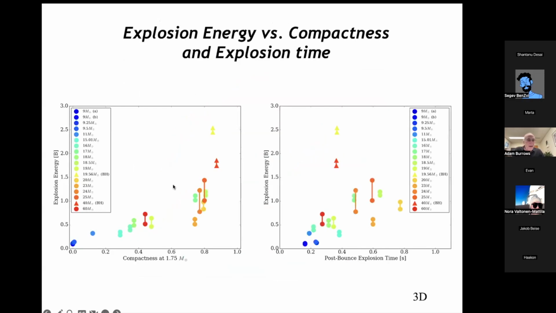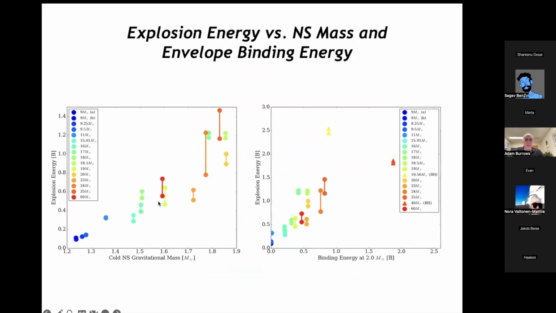Okay. The explosion energy versus compactness, we get something like a monotonic curve. So again, this is a prediction that emerges. It's a little bit noisy, and we don't know the degree to which the noise is real, or whether it's numerical, etc. So there's still lots of work to be done, but we do get correlations. Here's the explosion energy versus gravitational mass.